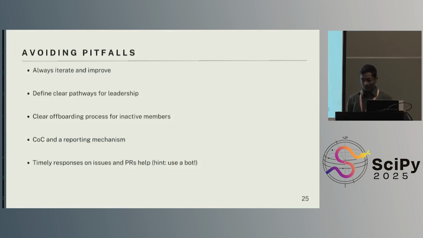For example, we have tried to use a bot which automatically comments on the PRs and issues made by first-time folks who have interacted with the project for the first time. It basically says, thank you for your contribution, someone from the maintainer team will be reaching out to you soon, so that they feel that they have been heard.